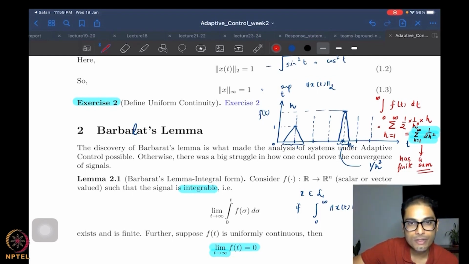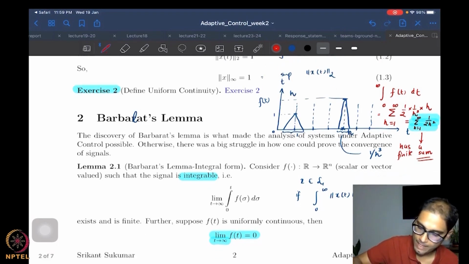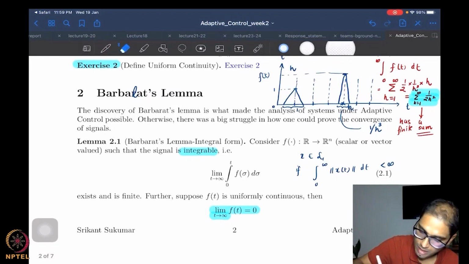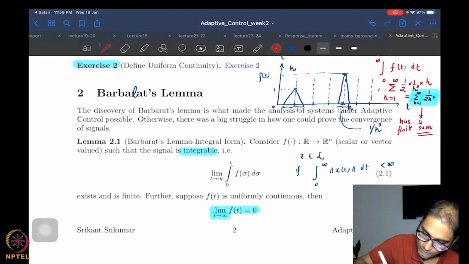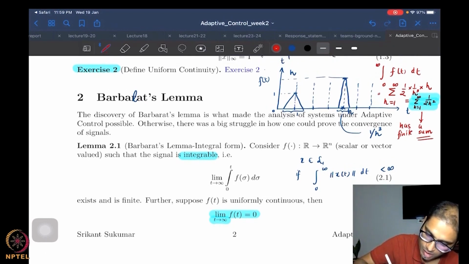So what have I just shown? I have just shown that this function f(t) is actually integrable.